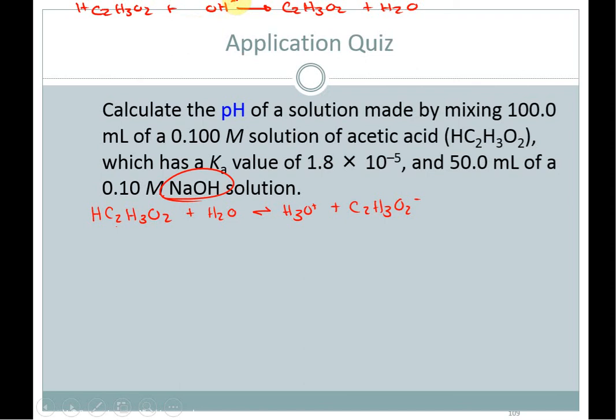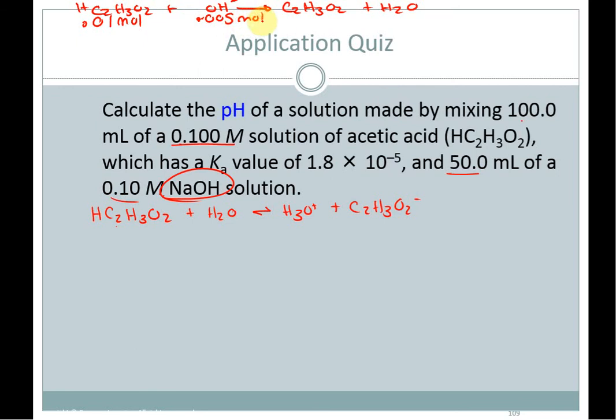Now, if we have initially 0.1 molar times 100 mils, that gives us 0.01 moles. And initially we have 0.05 liters times 0.1 molar, or 0.005 moles.